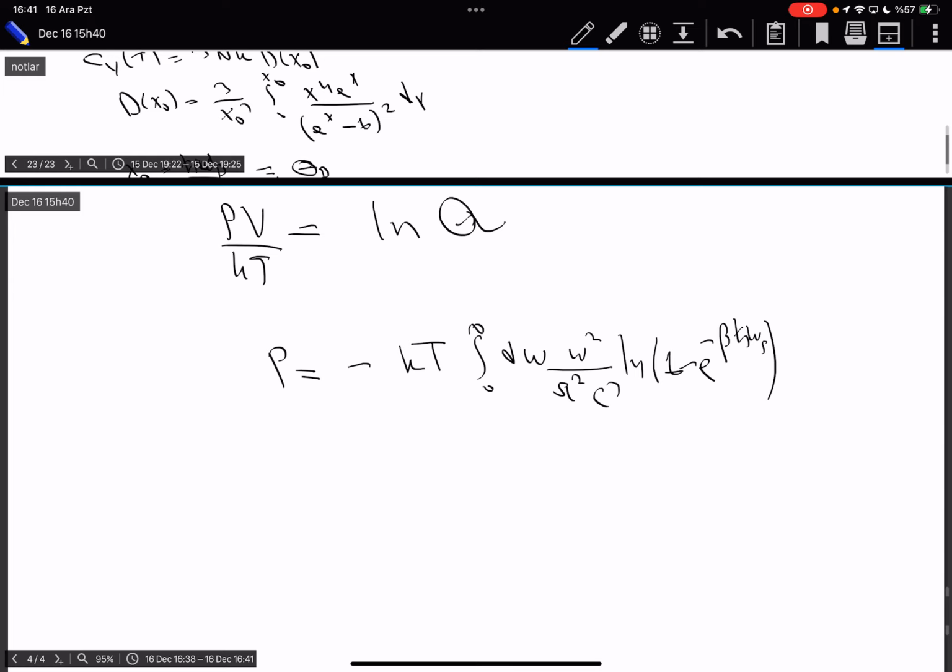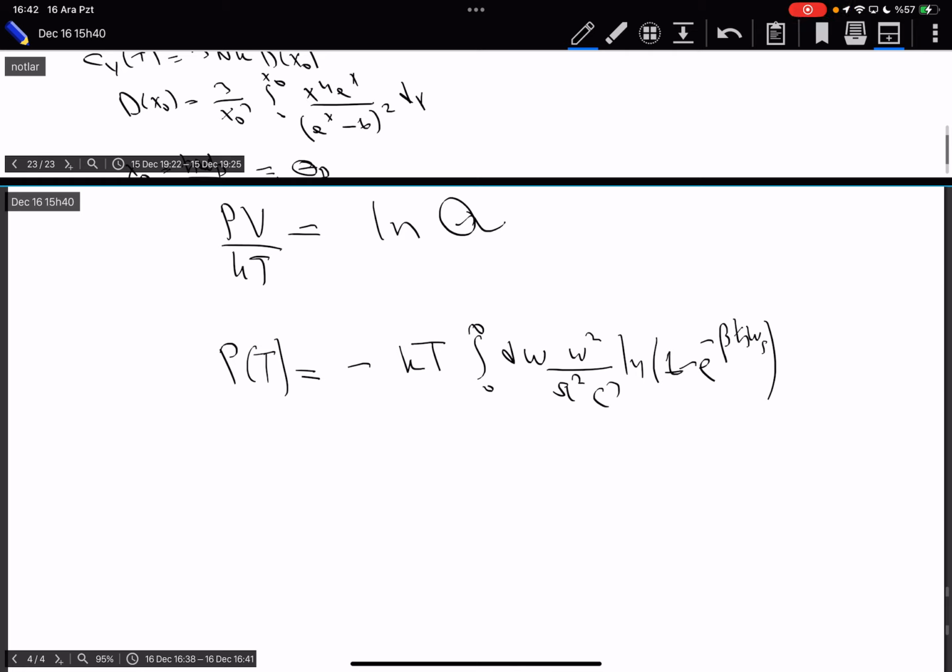One thing you should note here is pressure depends only on the temperature. The thermal radiation has a pressure which is independent of the volume. Just as if it's during a phase transition, the pressure depends only on the temperature and not on the volume. Any questions?